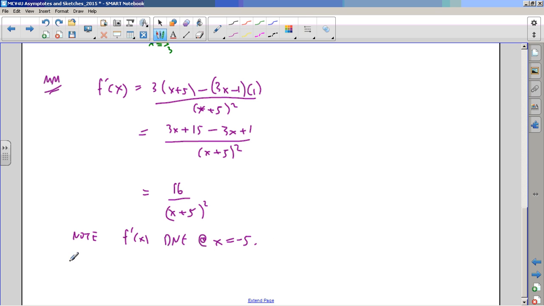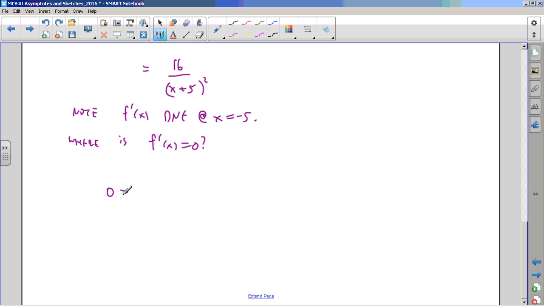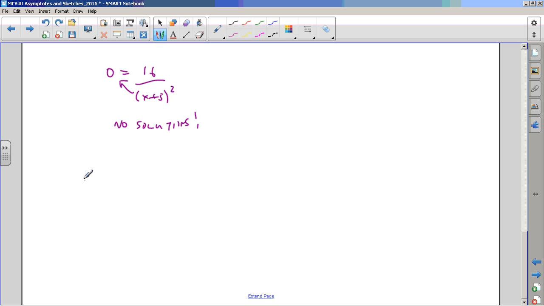But where is f prime equal to 0? Well, notice if we solve this equation, as long as x is not equal to minus 5, cross multiply, I get no solutions. So I think of the number line for f prime at x.